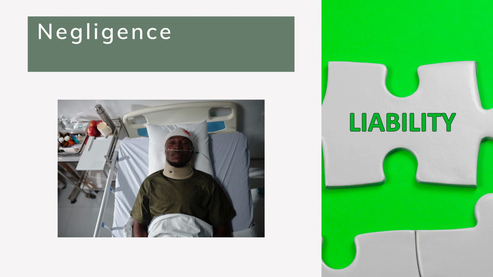For example, a nurse failing to monitor a patient after surgery, which resulted in undetected internal bleeding. This breach of duty, which any prudent nurse would have avoided, makes the nurse liable under RA 9173.